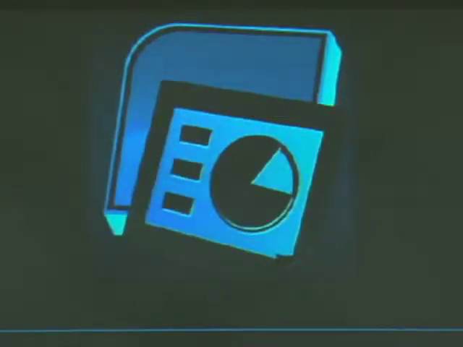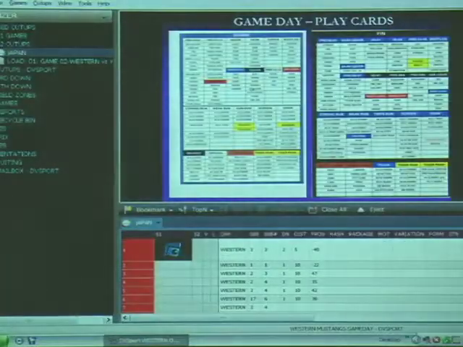Let's skip. Why is that not showing up there? Always technical. See it up there?